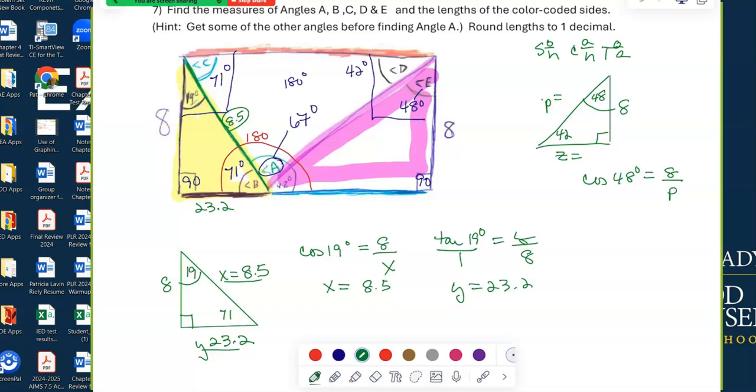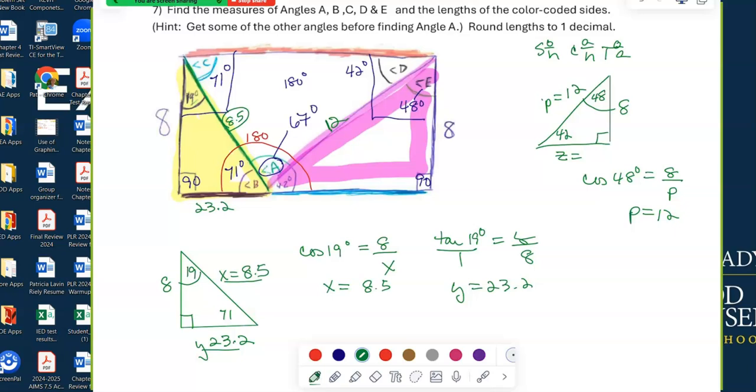As I said, you can do cross products, or you can switch the position of P and cosine 48 and say 8 divided by cosine 48, and I'm getting P is 12. So P is up here. This is 12. This is 12. We've got 2 more to do.